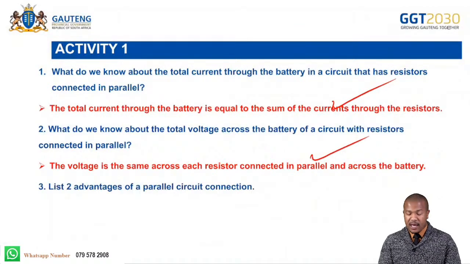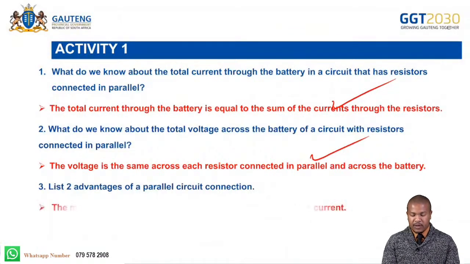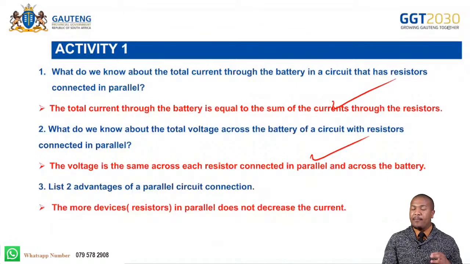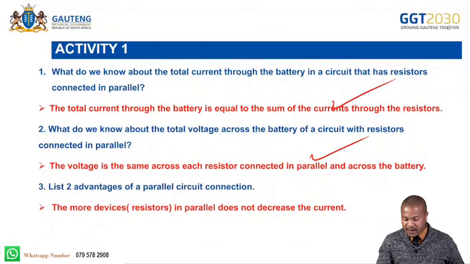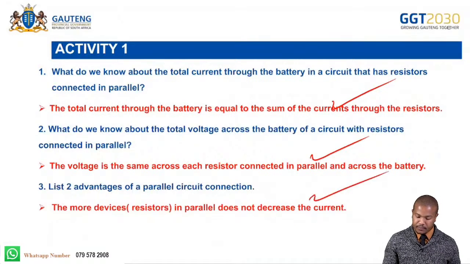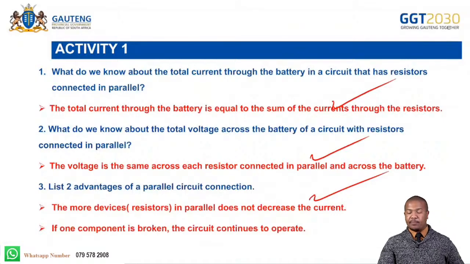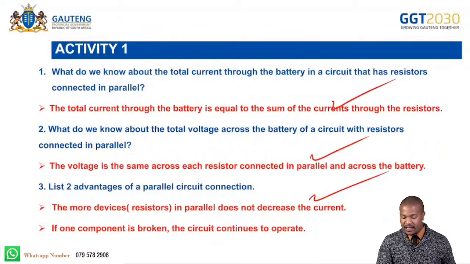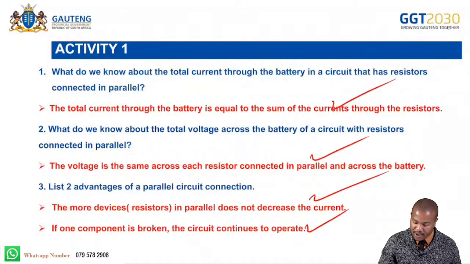Number 3, list 2 advantages of a parallel circuit connection, right? Remember them? One advantage is that the more devices connected in parallel does not decrease the current. Then also, if one component is broken, the rest of the circuit can continue to operate, right? That's all for our activity 1.